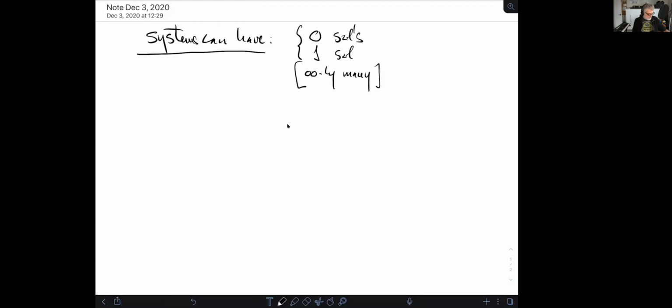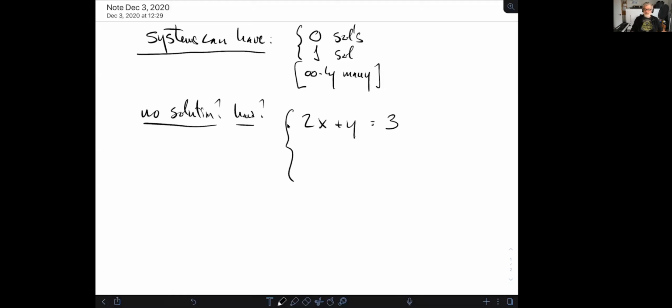How would that work? Let's try to cook up a system that has no solutions whatsoever. Let's see. 2x plus y equals 3. That'll be my first equation. And now I'd like to add an equation that will make this system have no solutions.